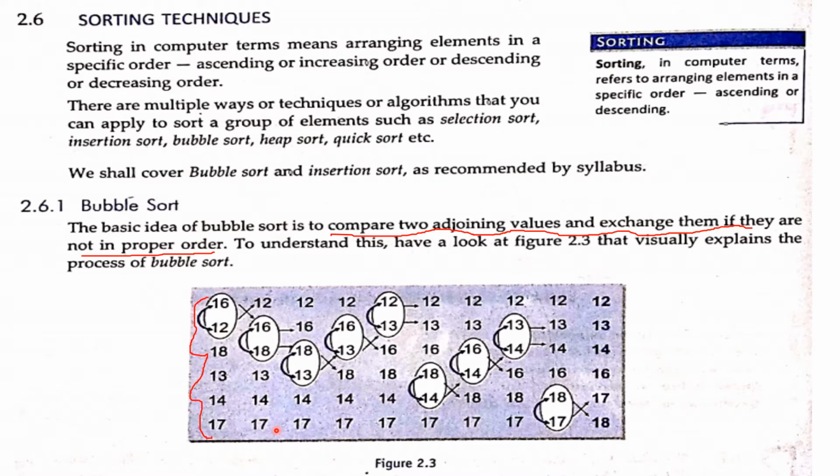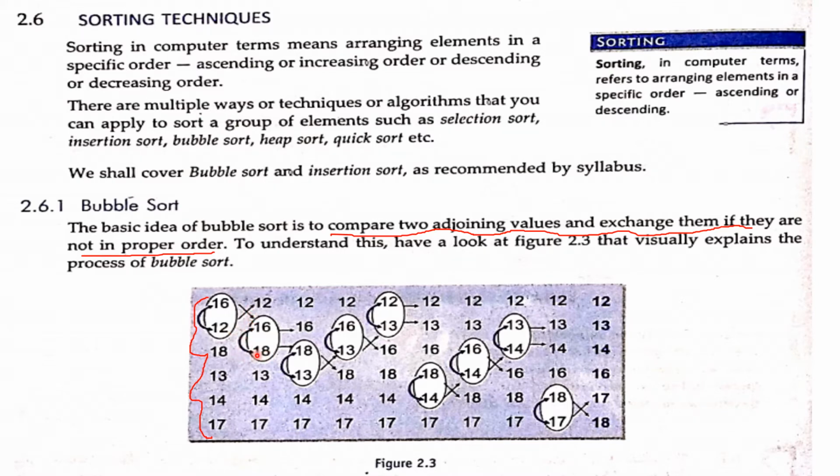In the next step, it will compare the second element with the third element. So now the first element has swapped and it has become 12, and 16 is at the first place. Now 16 is compared with 18.